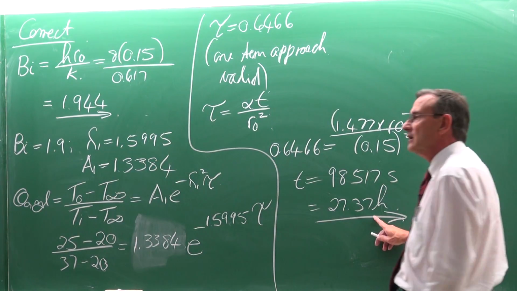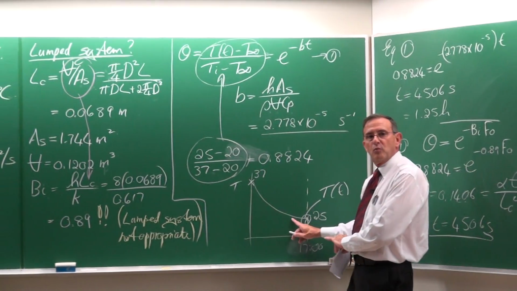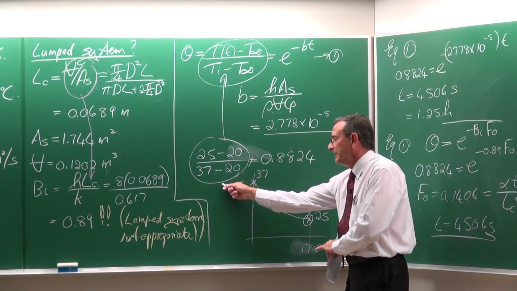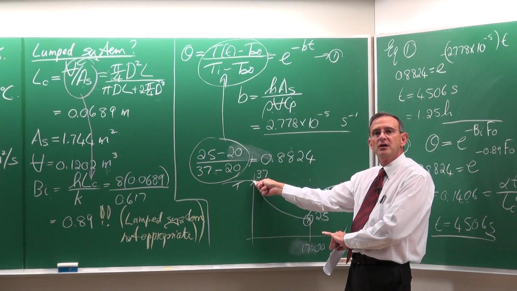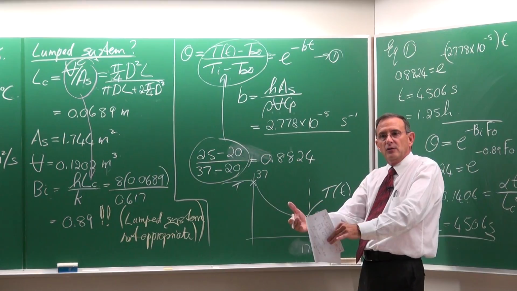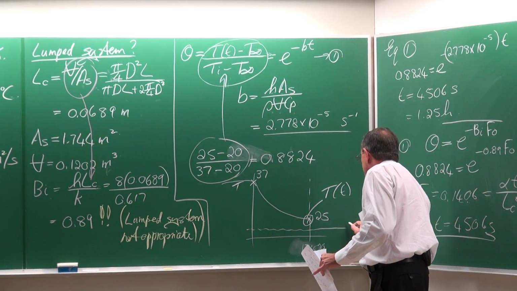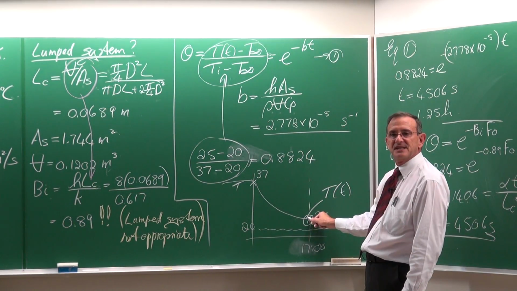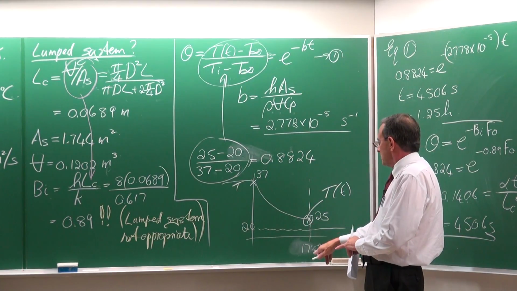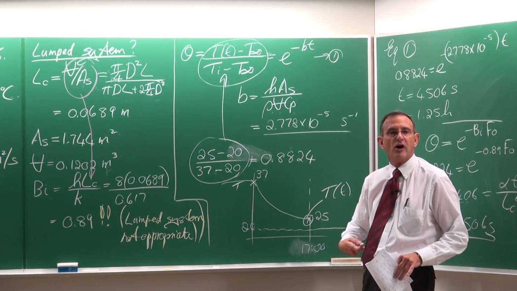27.37 hours ago. So coming back to what the problem was: we had a human being that was alive, and then there was a murder, and the body was in an environment where the temperature is 20. It was cooling down, and it was discovered at a certain time, 1700 hours, when the temperature was measured as 25.